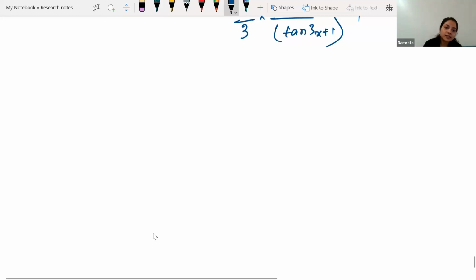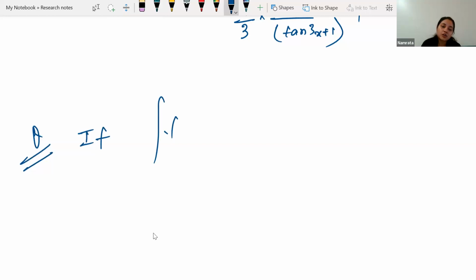Let's say the next question we are having: if the integration of f(x) dx is equal to psi(x). Have you seen this notation earlier? Yes or no? Yes, ma'am. Okay, so this is called psi.